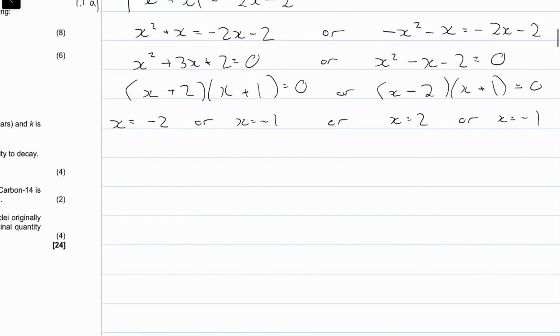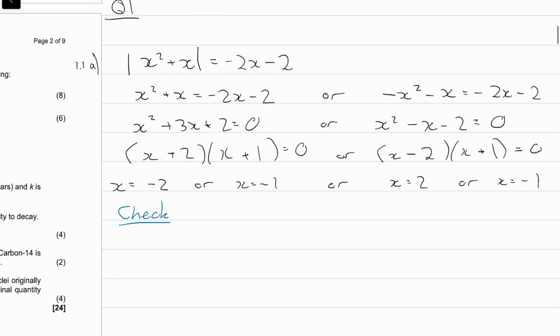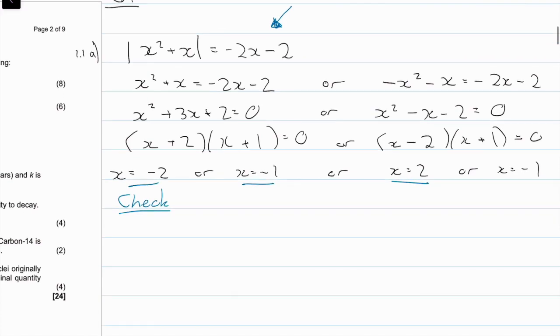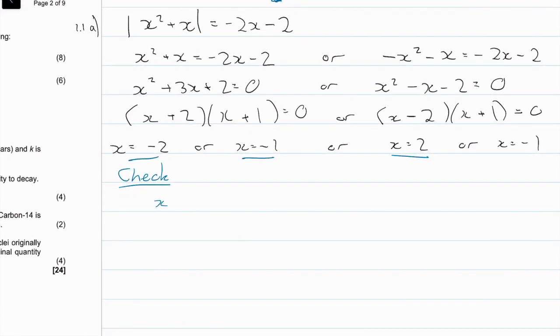Now remember, with absolute values, again, we need to do our check. So basically what we need to do is substitute each of these values, minus 2, minus 1, and 2, into this original expression and see if the left-hand side and the right-hand side are equal. I'll do it for one of them. I'm going to pick the case x is equal to 2.